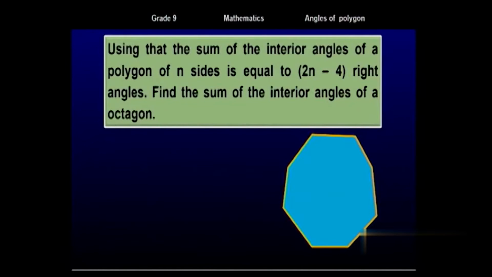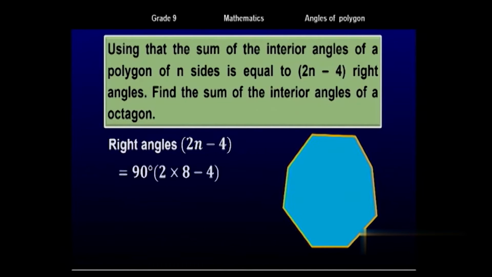Okay children, now you know the formula. Then write the formula first. Right angles, 2n minus 4. Then substitute n equal to 8. 90 degrees, open bracket, 2 times 8 minus 4.